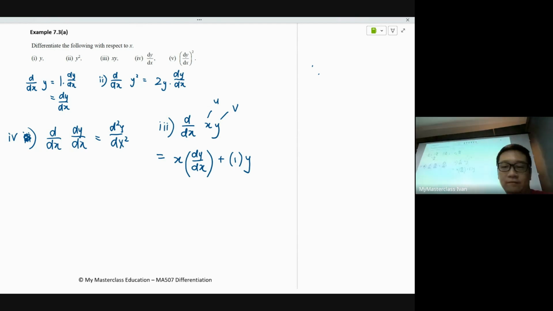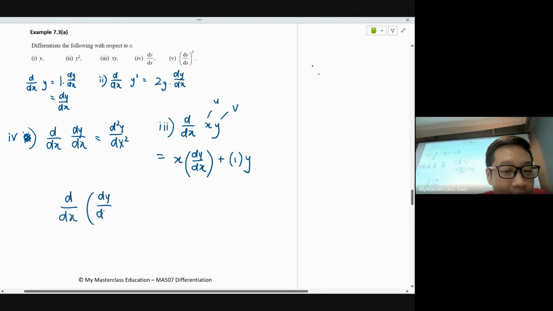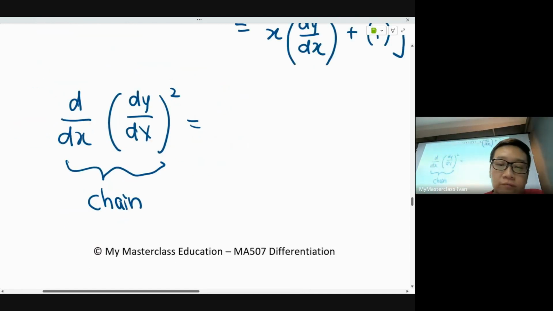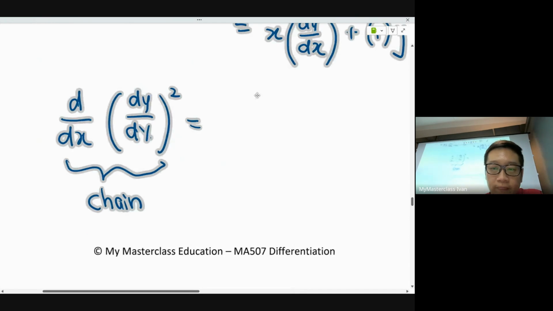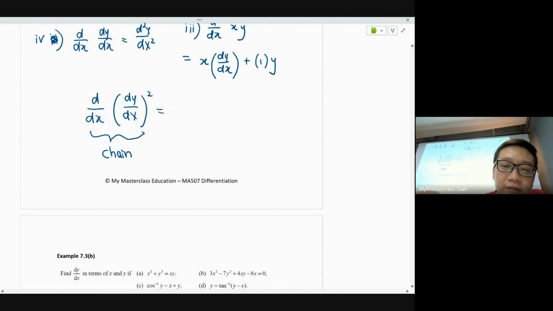The last one. If I want to differentiate dy dx squared, what rule do you think this is? It's a chain rule. So remember what to do when we differentiate a chain rule. First, bring the power down. Take a 2 here, dy dx to the power of 1.